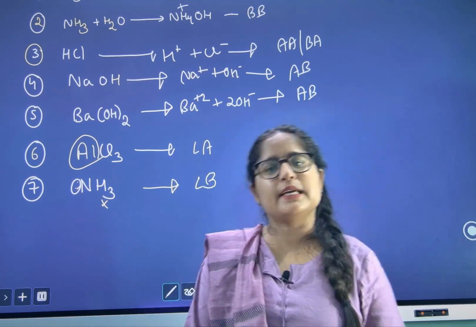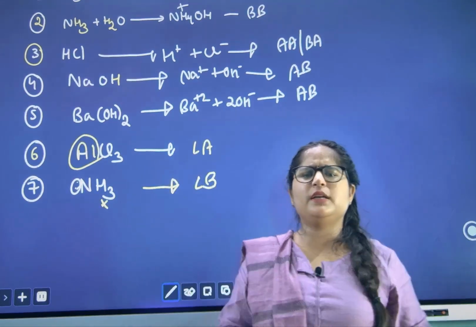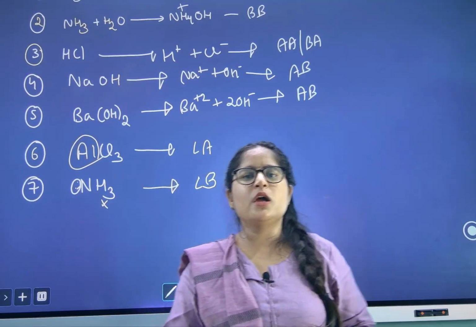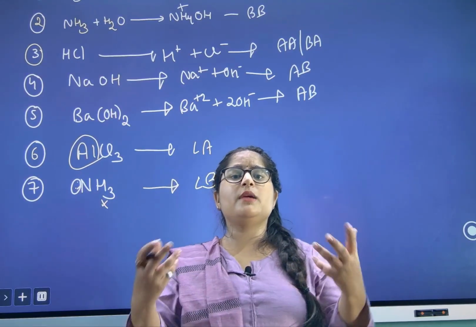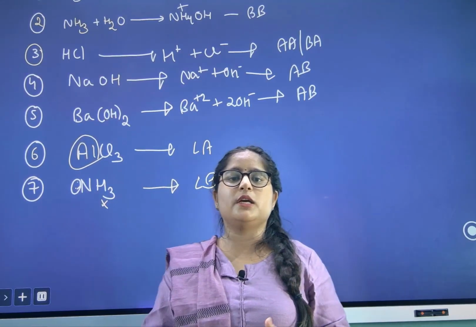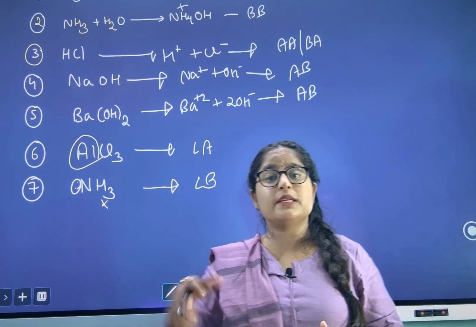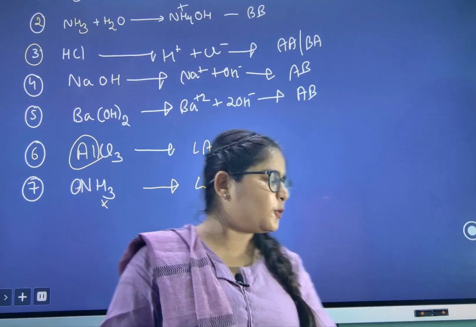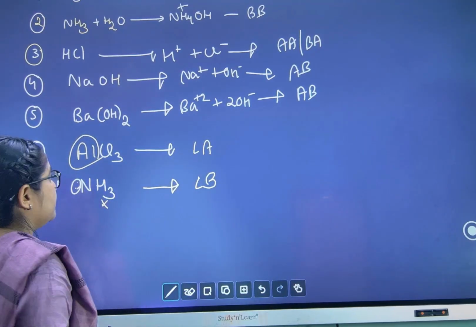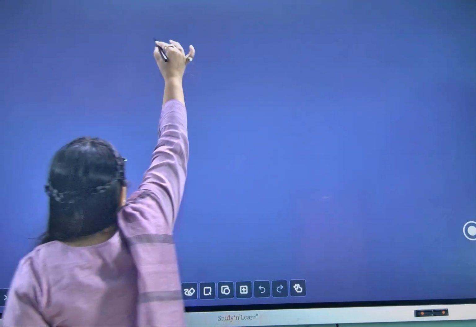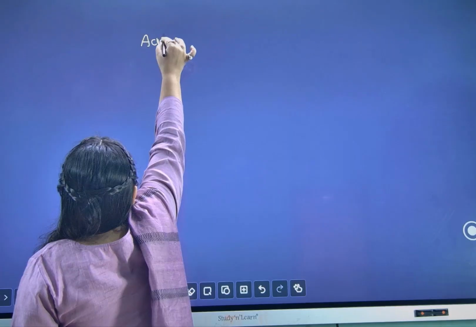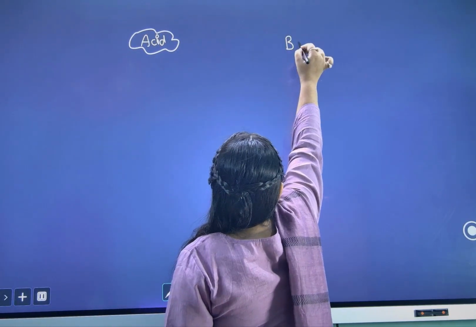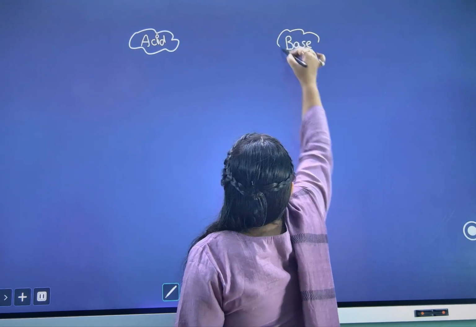Okay, so let us see the next concept. When you see questions, you will see many words like monoprotic, diprotic, polyprotic acid, polyprotic base, monobasic acid, monoacidic base. What does it mean? Let us see. I am writing this side for acid and this side for base.